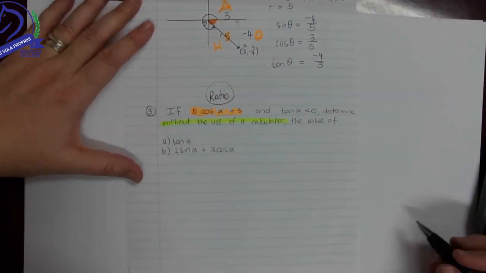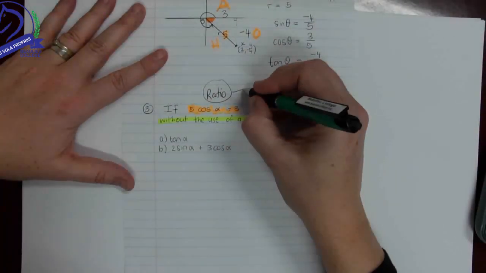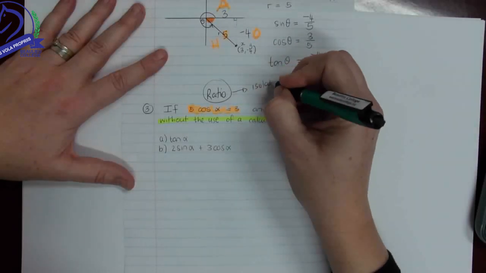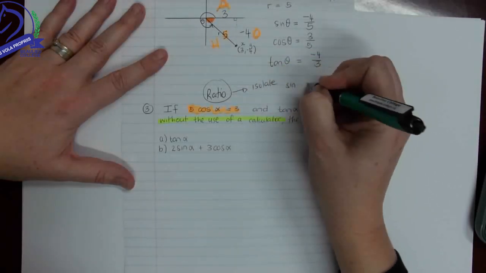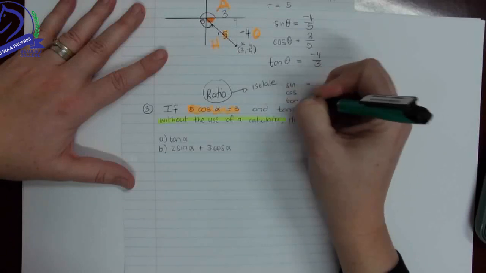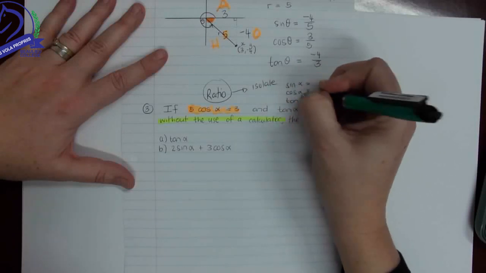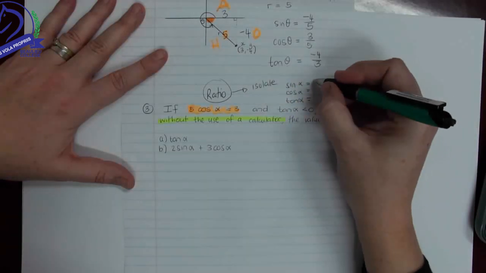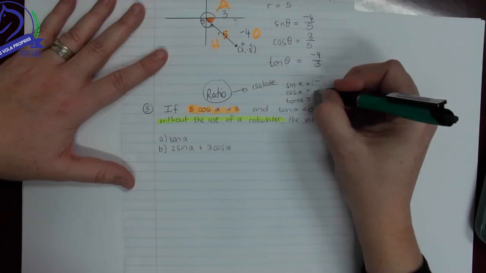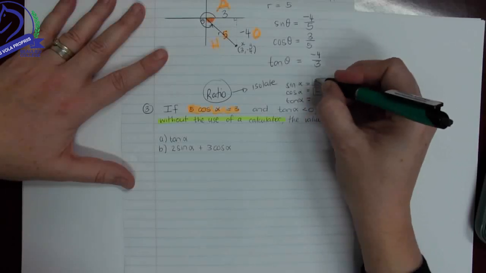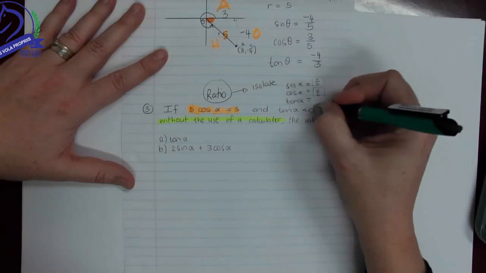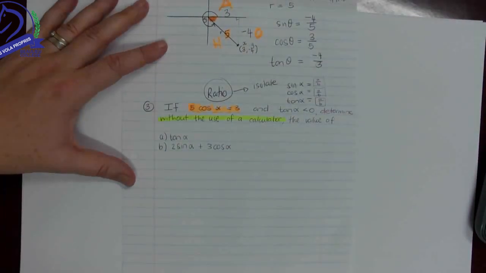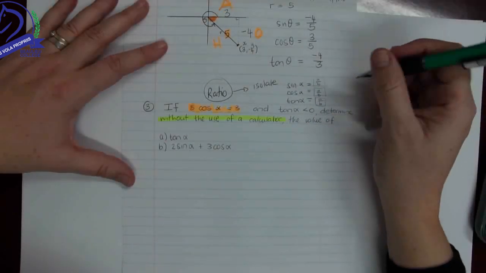And the moment you have a ratio question, you need to isolate sine, cos, and tan. So whichever it is, theta, alpha, whichever, because each one of them will have a fraction because it's got two sides in ratio.